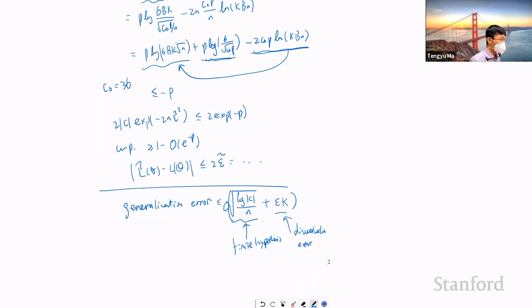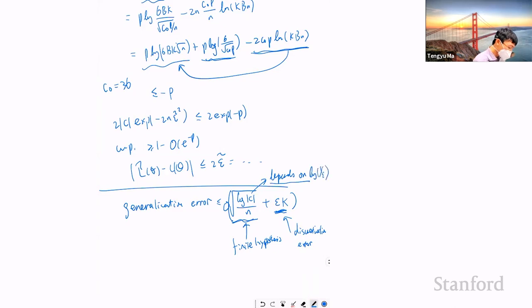What does it mean by trading off these two? It really means what epsilon you choose. This one depends on epsilon, but in a very weak way, because it depends on epsilon logarithmically. Technically, I think this should depend on log 1 over epsilon.